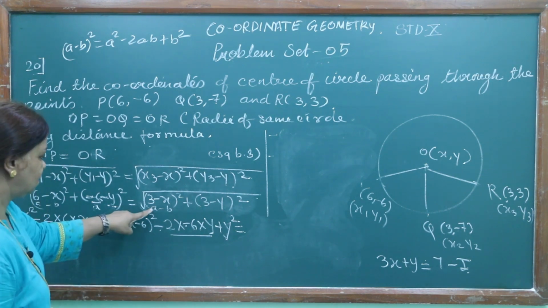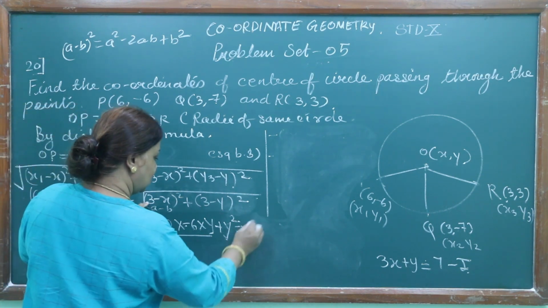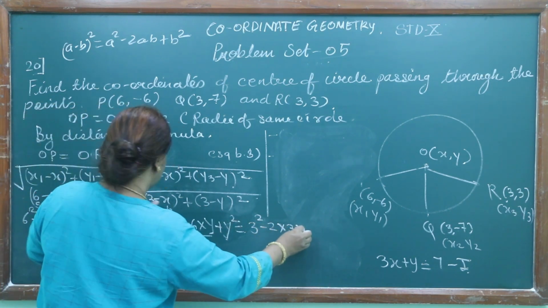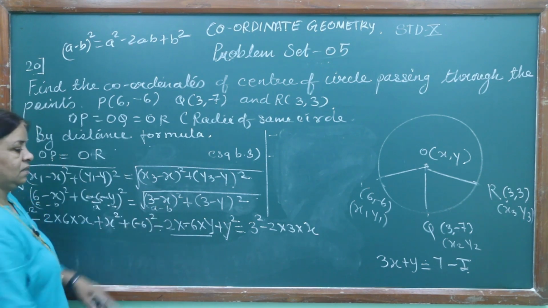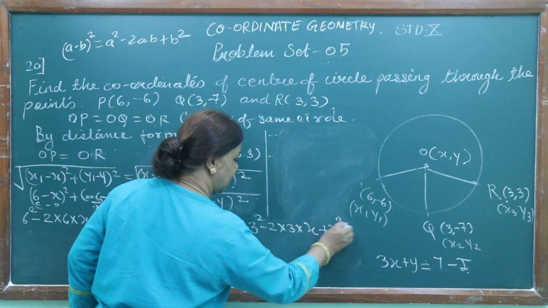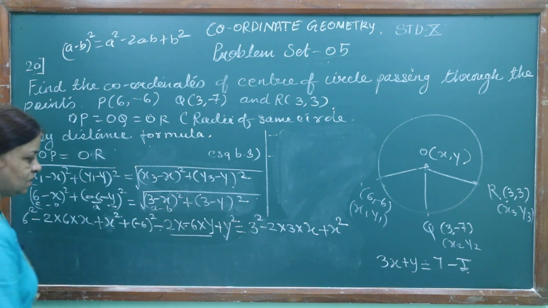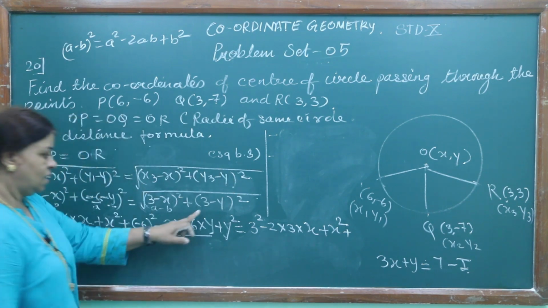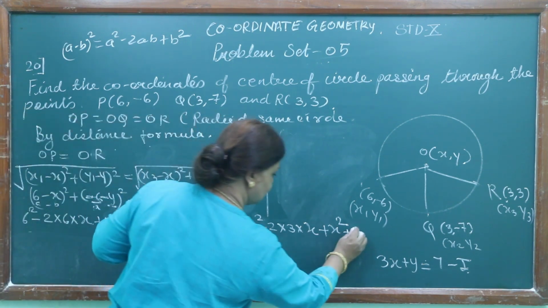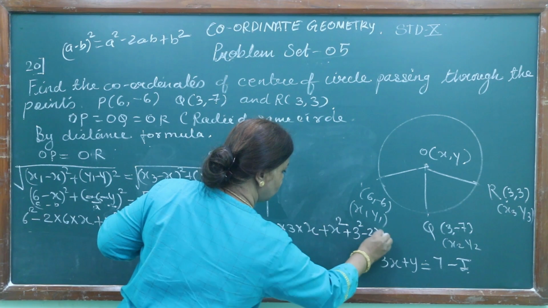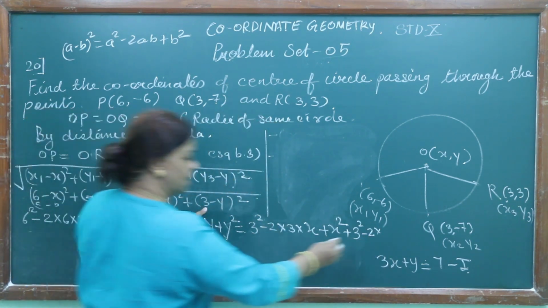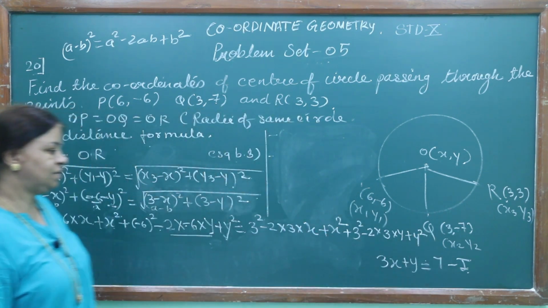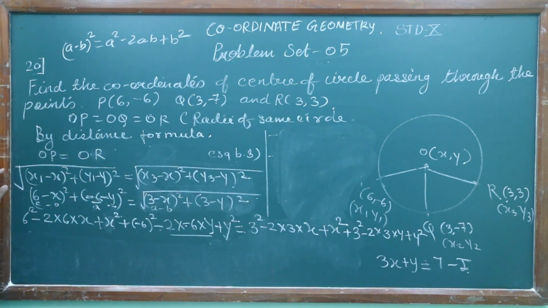I am getting 3 square minus 2 into 3 into x plus x square, plus a minus b whole square, where a is 3 square minus 2 into 3 into y plus y square. Now whatever is getting cancelled, cancel here, children.